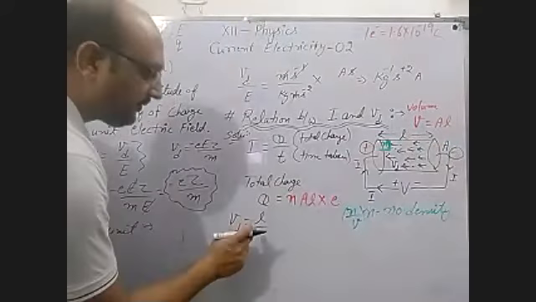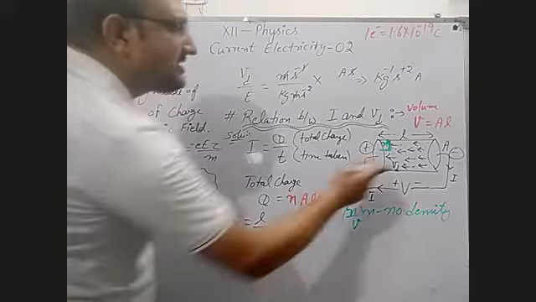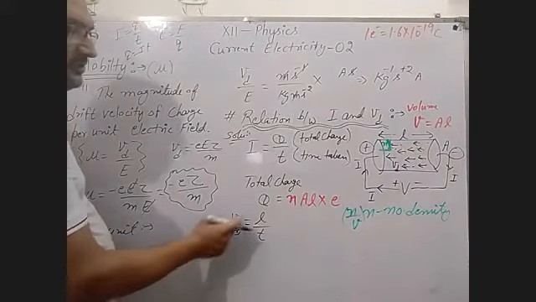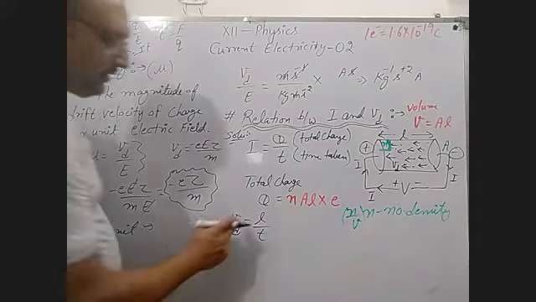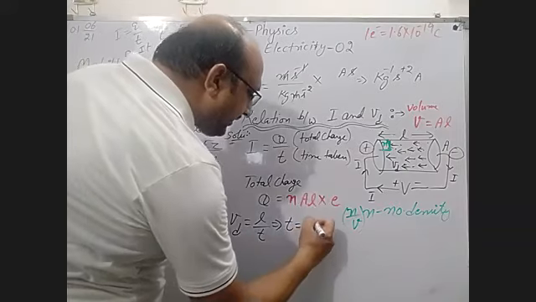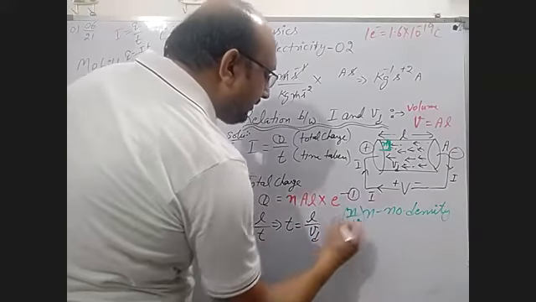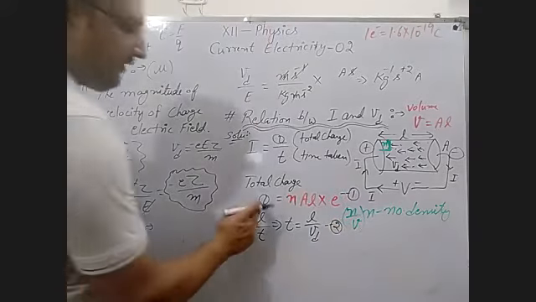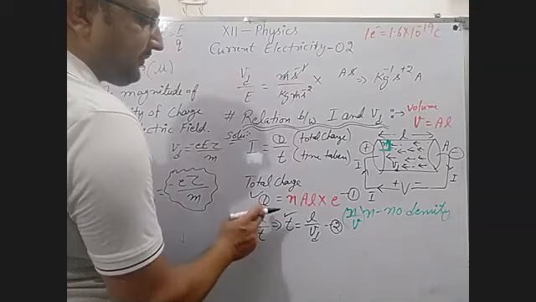And what is the time taken by these electrons from there to there? T. Means velocity is equal to distance upon time. Now, from there, what is T? L upon Vd. Now, two values are there, one of Q, another of T. Q and T. Okay.